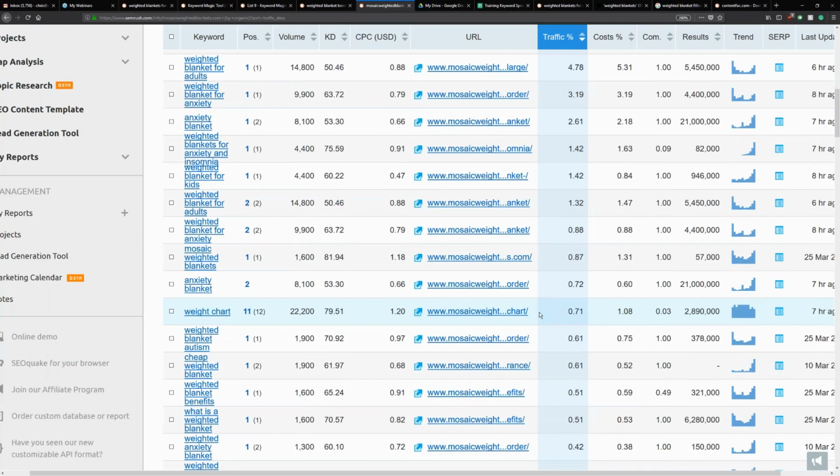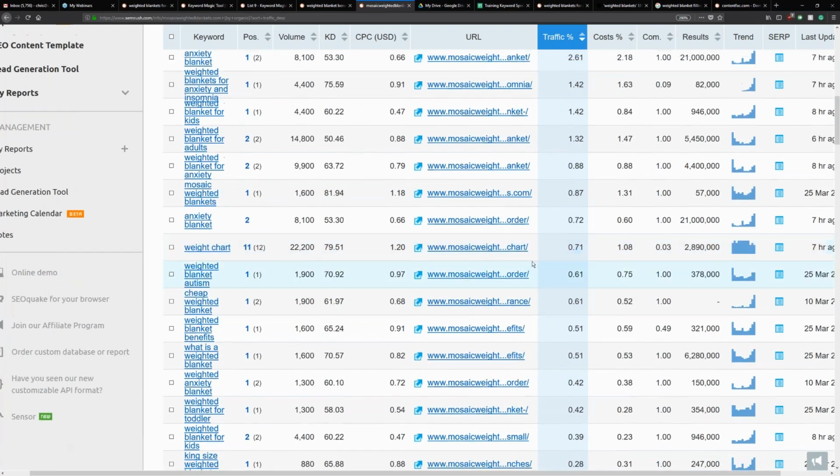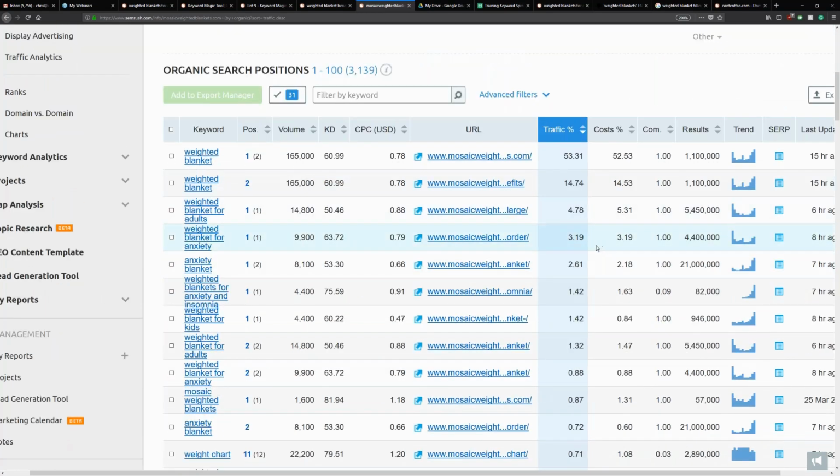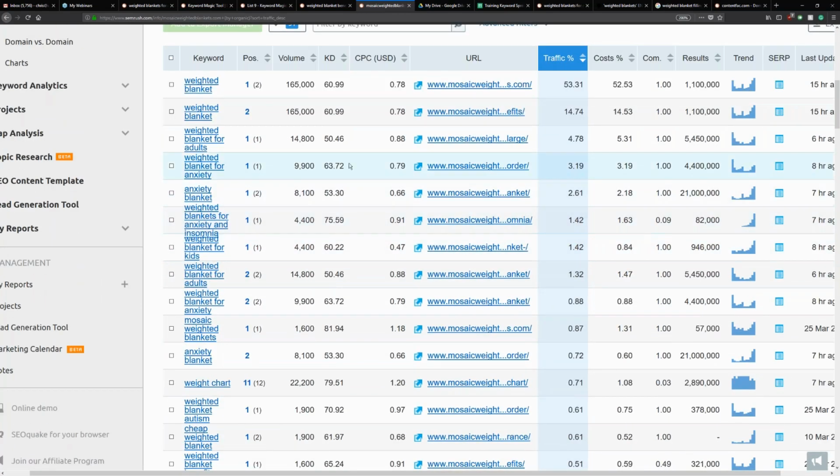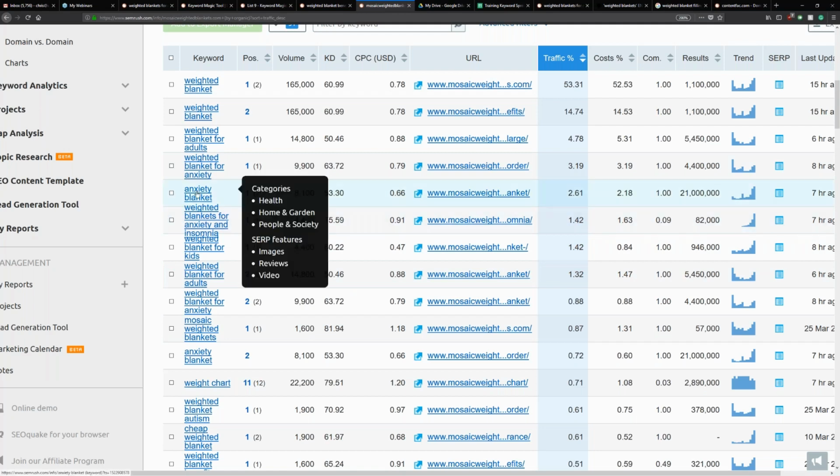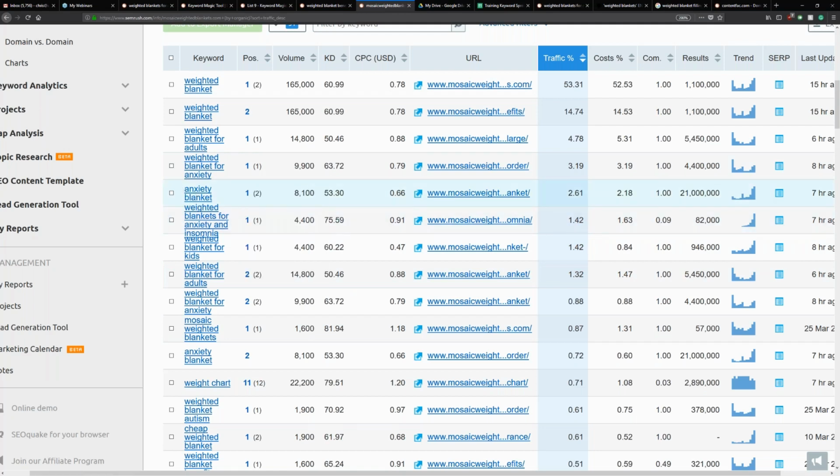And you can see based on the keywords that they have quite a jumble, right? If we're looking at the density, it's a pretty big range. Looks like it's between about 80 and 60, a couple, actually, 53. And immediately we can spot some things, right? So we see this anxiety weighted blankets is the keyword here.